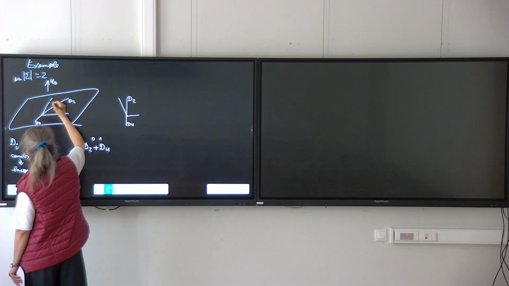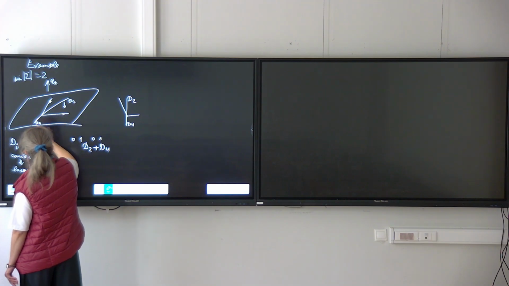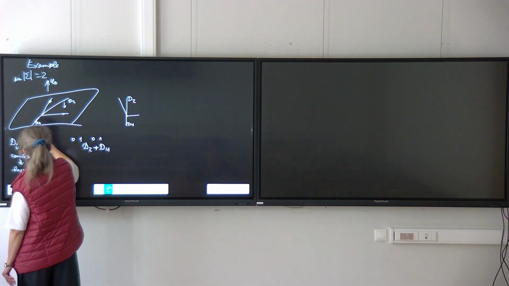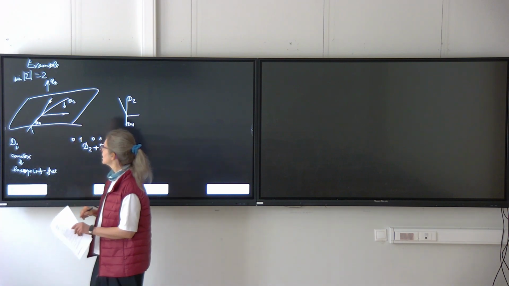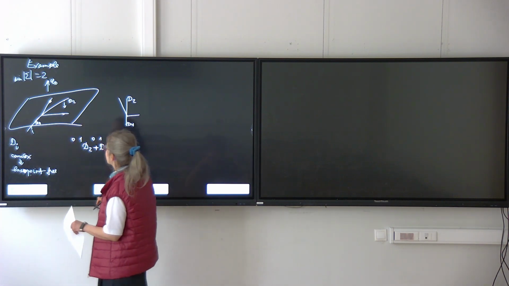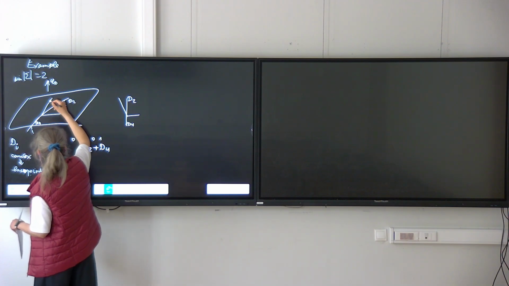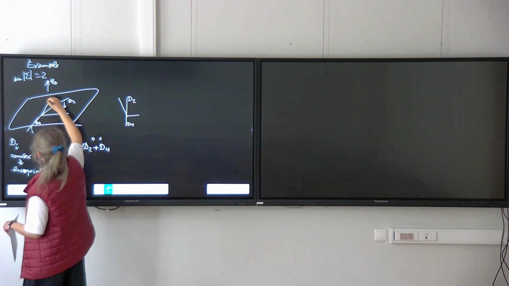It will be 0, it will be minus 1, it will be 0, and it will be minus 1. So clearly it will not be convex, because this segment will be downstairs and this segment will lie above.